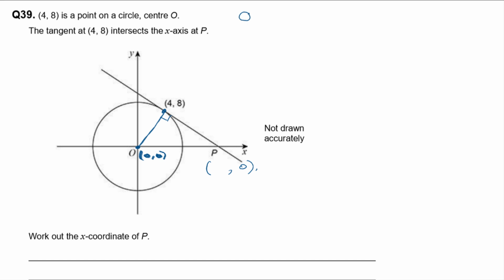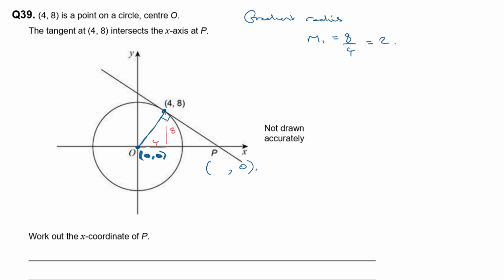So gradient of the radius, I'm going to call that m1, and that's going to equal changing y from 8 down to 0 and changing x from 4 down to 0. That's 8, that's 4, isn't it? So m1 is going to be the change in y, 8, divided by the change in x, which is 4. Give me a gradient of m1 is equal to 2.